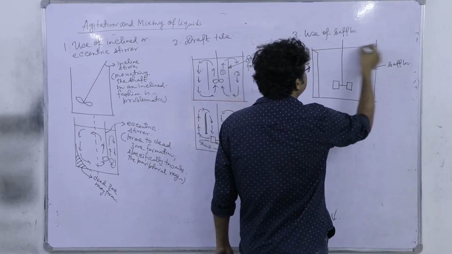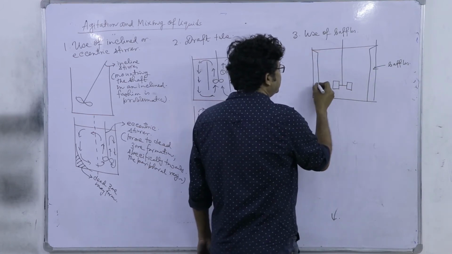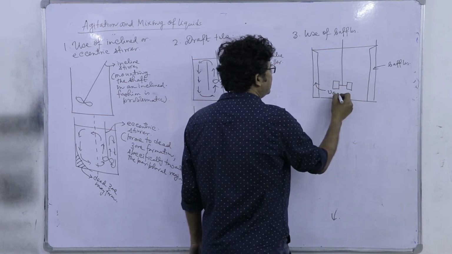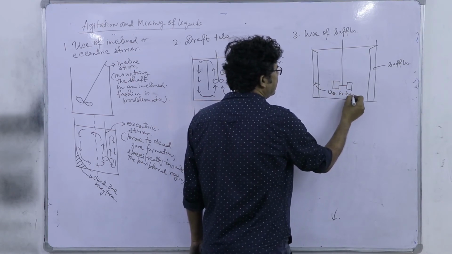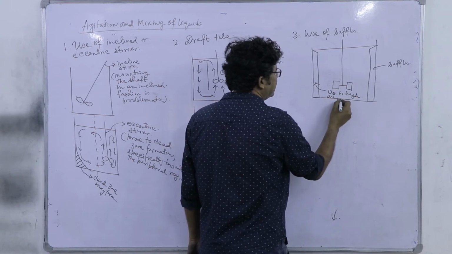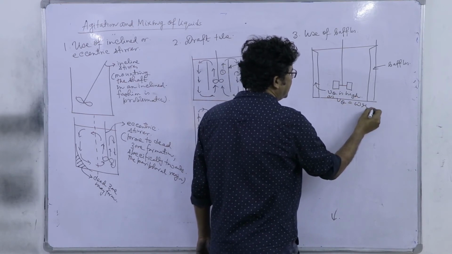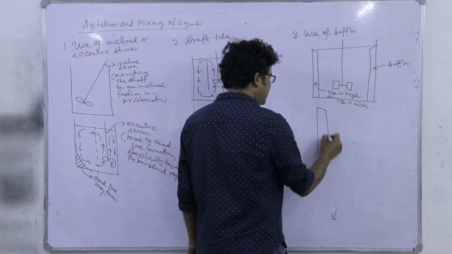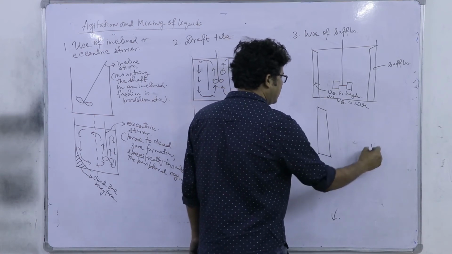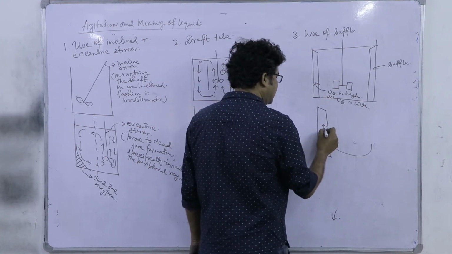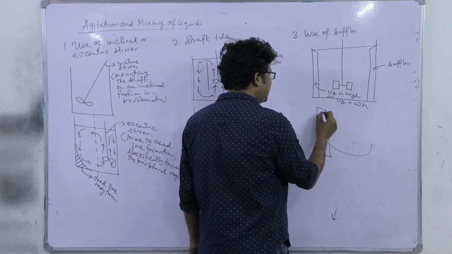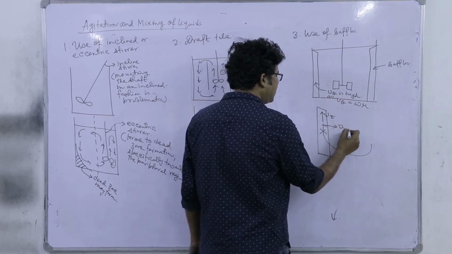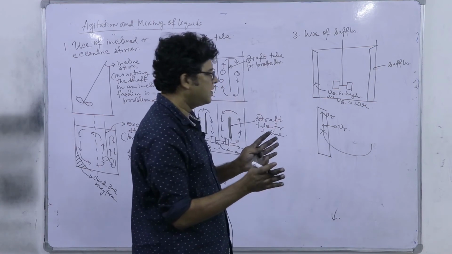Now what will happen? See, in this region V theta is high, as it is the peripheral region, omega into r. So if I have a baffle like this, the circulatory path line is hindered, so it will get reflected, and move in the VZ direction and also in the VR direction.